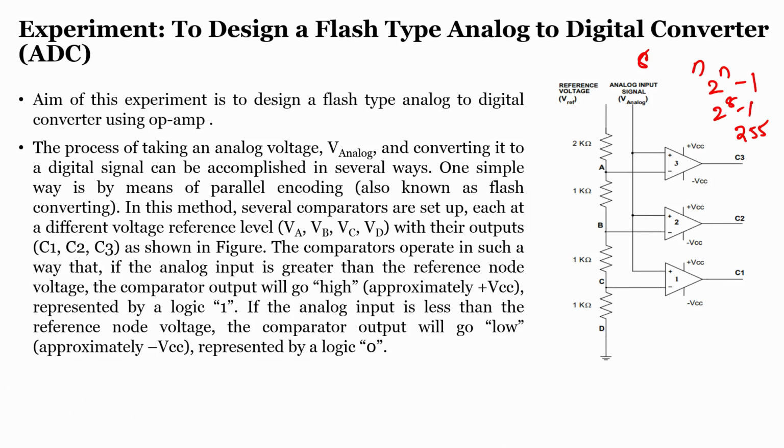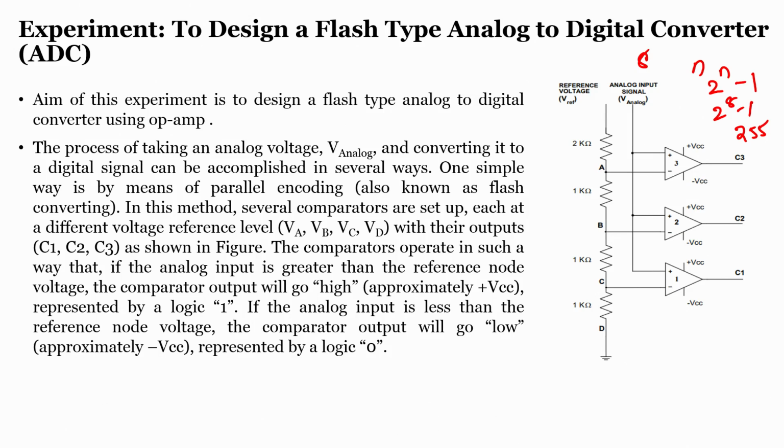So how can we do it? If you go with flash type ADCs, it is very impossible. Because of that complexity, flash type ADCs are generally used only for low bit conversion. Also, the cost of each comparator itself is very expensive. As a result, 255 comparators will be very expensive.